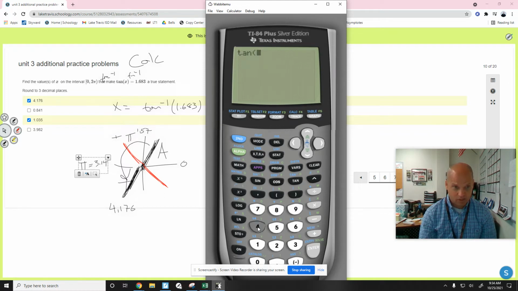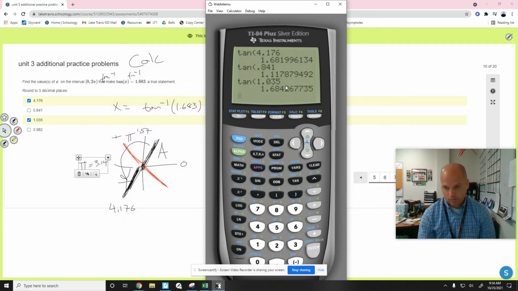Does the tangent of 4.176 give me something close to 1.683? Yeah, close enough. 1.682. Obviously, this is not enough decimals because it's rounded. Does the tangent of 0.841 give me 1.683? Yeah, no, it's not even close. It's 1.11. Does the tangent of 1.035 give me 1.683?